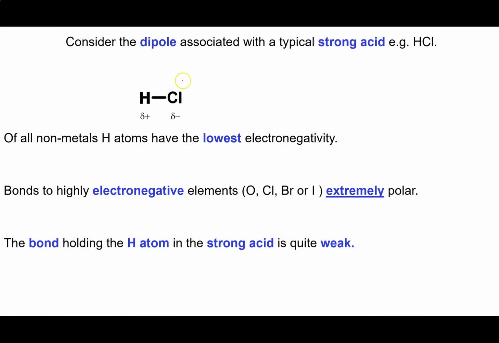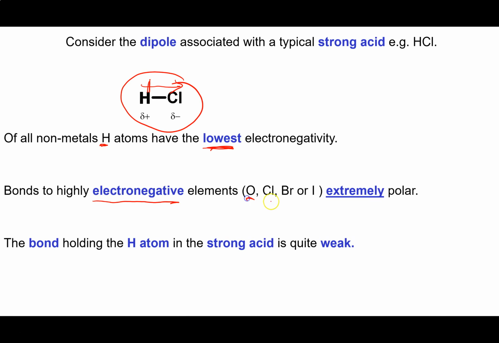If we consider an acid like HCl, it will also be polar. Now, this is going to be very polar because there's such a big difference in electronegativity between these 2 atoms. Hydrogen often forms very polar bonds because it has such low electronegativity for a non-metal. It's going to form particularly polar bonds when it's bonded to highly electronegative elements.